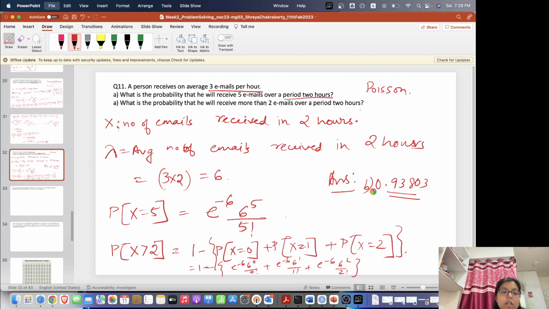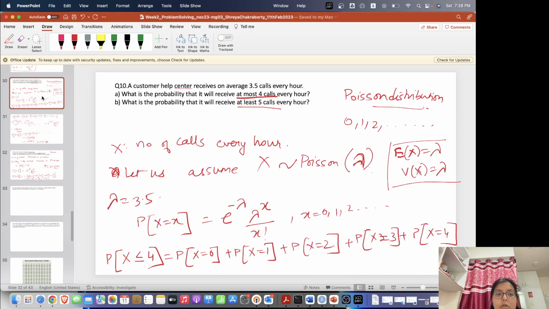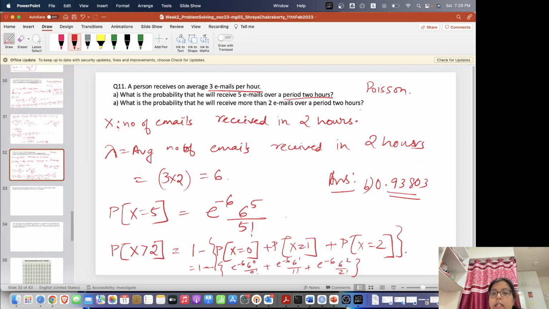Is it clear what is the difference between the first one and the second one? So here we were given an average for every hour, and the variable was also defined for every hour. But here, since the focus is not on each hour, it's on 2 hours, the variable has been defined in such a way that we have to modify the lambda according to the definition of our variable.